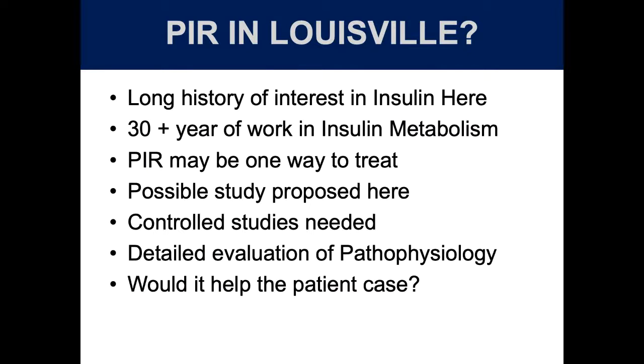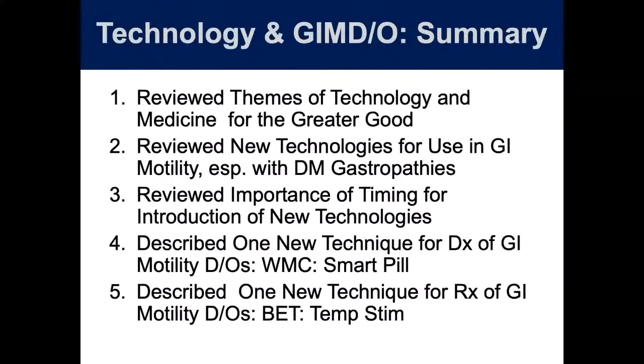So what I've done today, I know I'm maybe a little ahead of time, which is hopefully good, leaving time for questions. I reviewed some themes of technology and medicine for greater good. Looked at new technologies for use in GI motility, especially with diabetic gastropathies, which is the term I like.